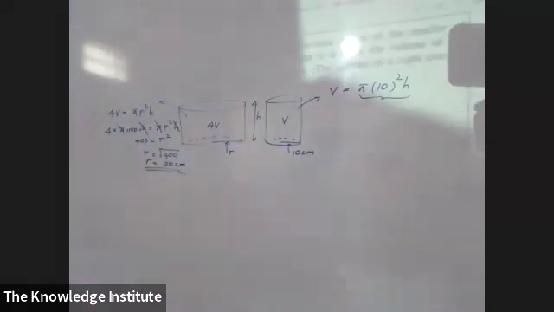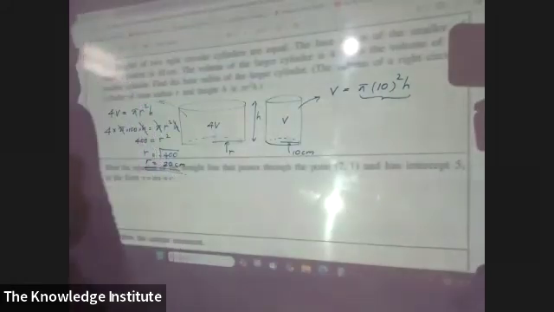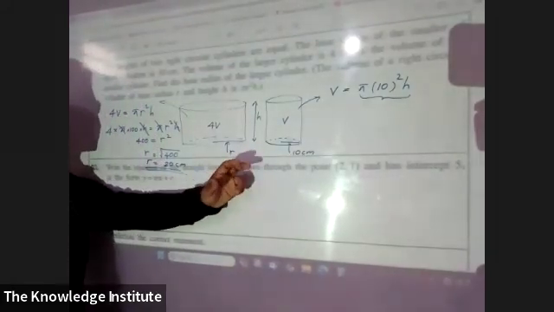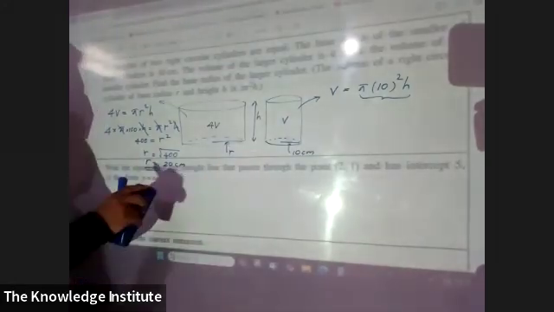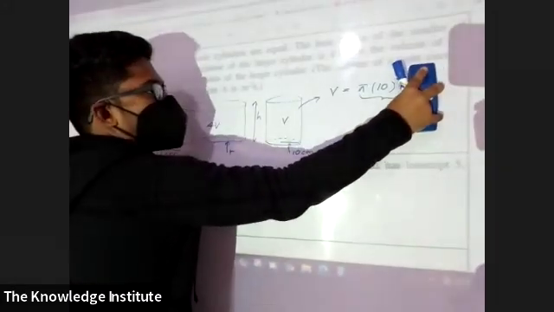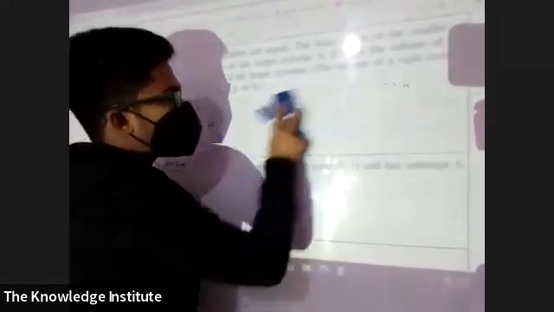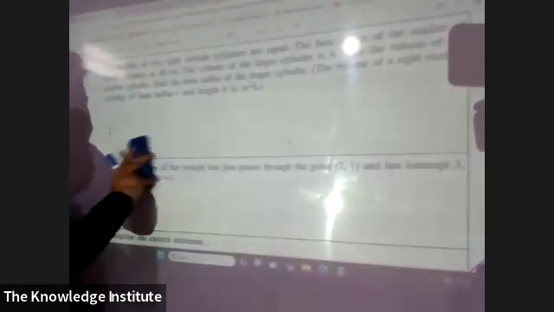Visualize. If you haven't finished writing, you can take a screenshot. Let's do the next.